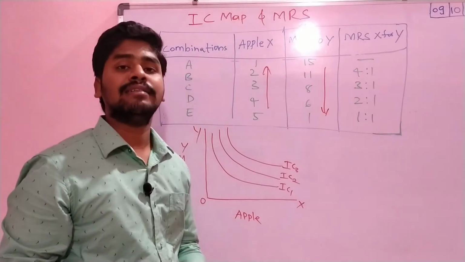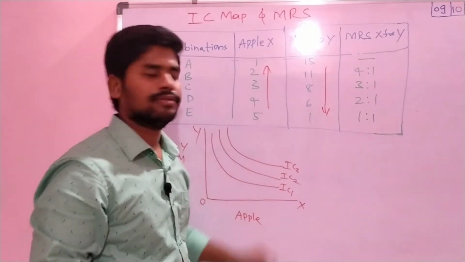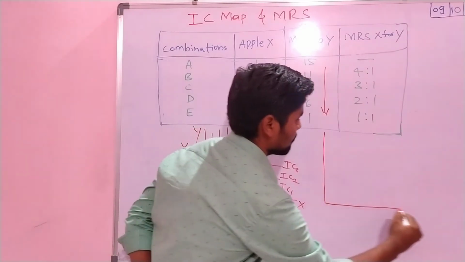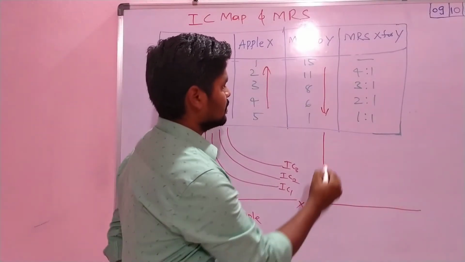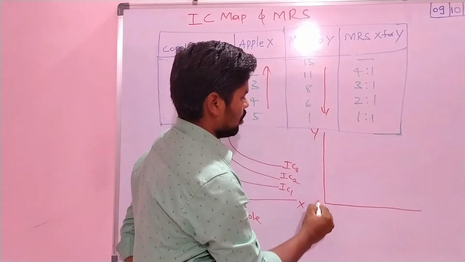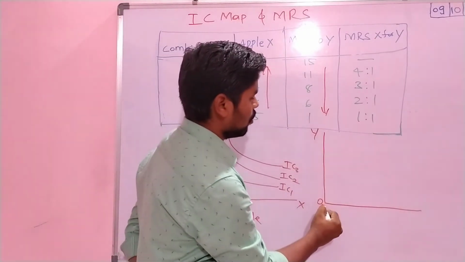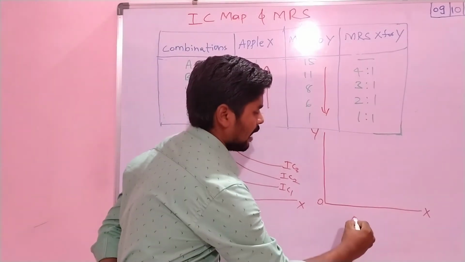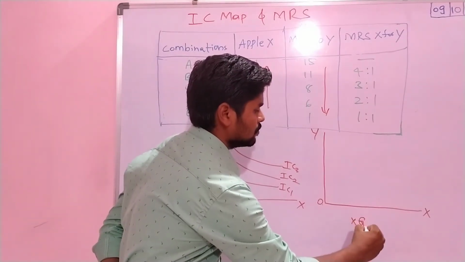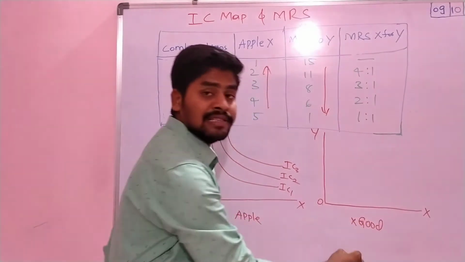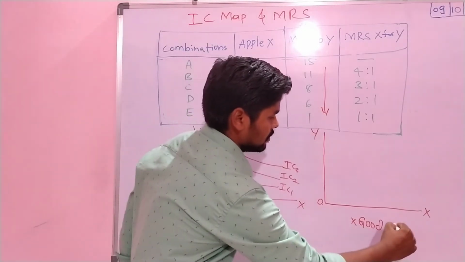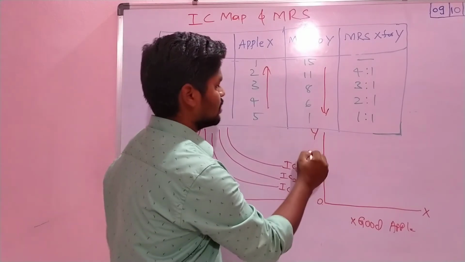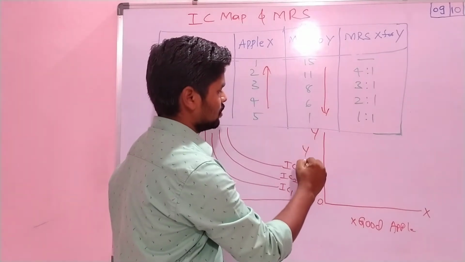Let's understand it deeply on the graph. Here are the OY axis and the OX axis. On the X axis we take good X, which is apple, and on the OY axis good Y, which is mango.